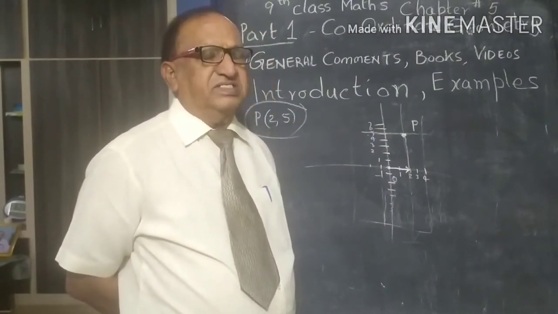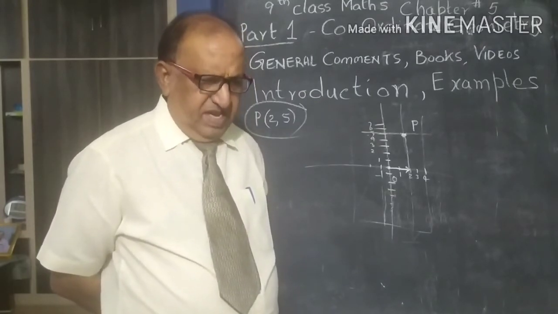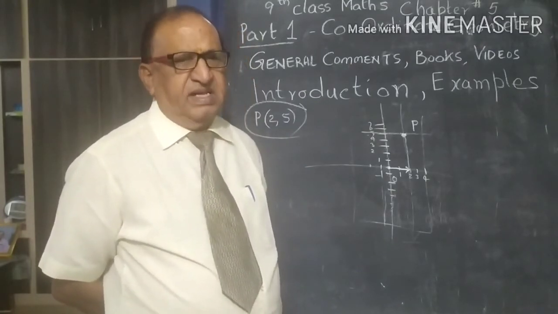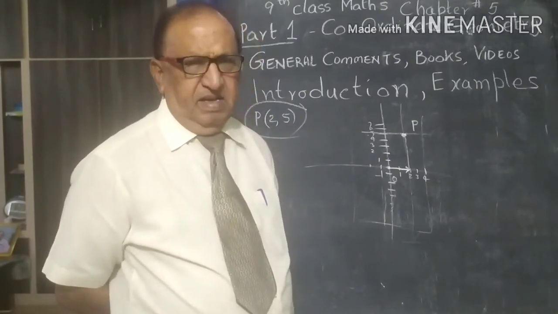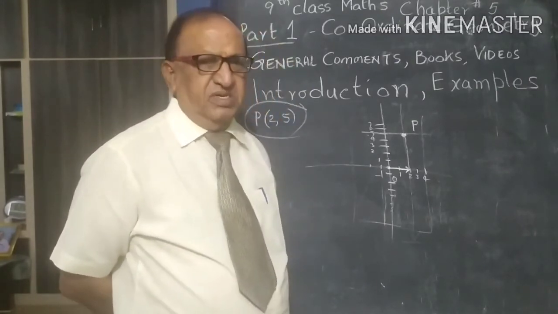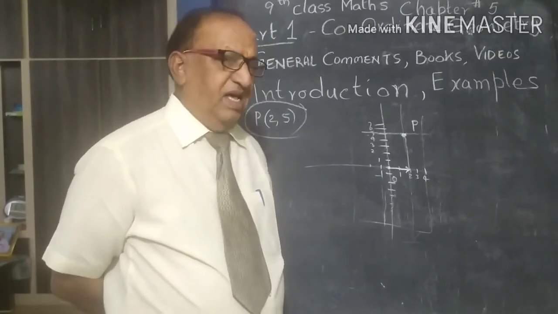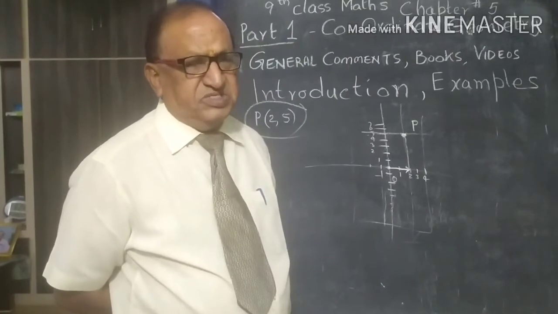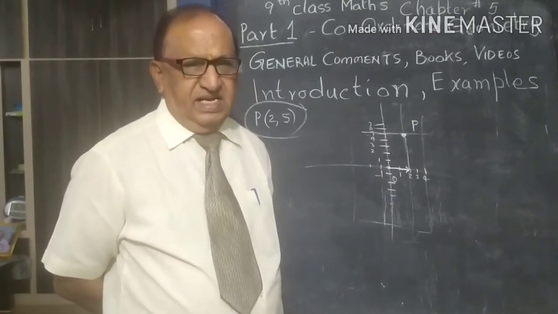Cartesian coordinate geometry is a geometry where a point can be located or identified by giving its distance along the x-axis and also along the y-axis. Once you know these two distances, the point is automatically decided.